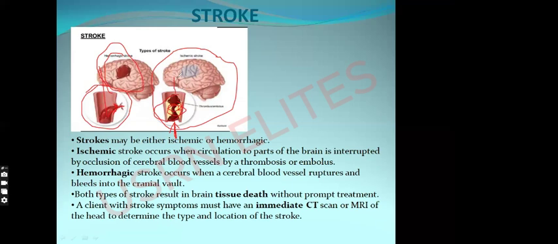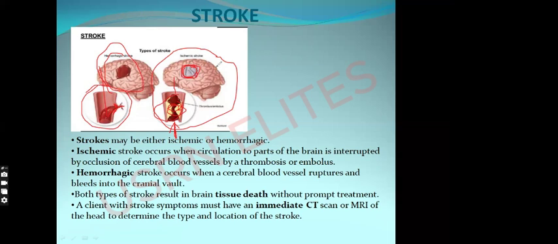And when tissues do not receive oxygen and nutrients, they die. So that is how it has been represented here too. You see the discoloration here. It means this part of the brain is not receiving oxygen and nutrients from the blood.